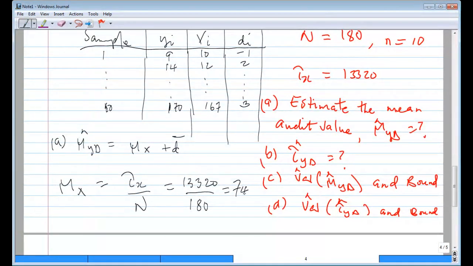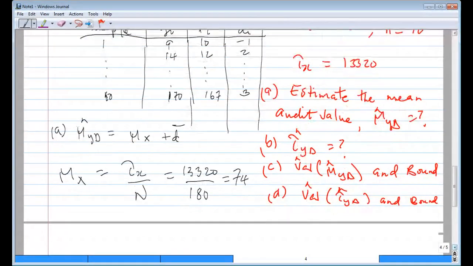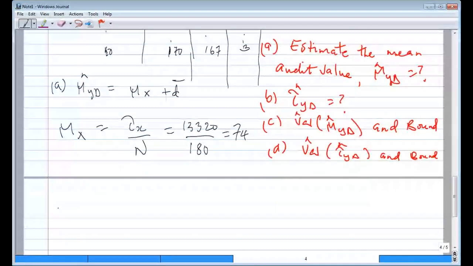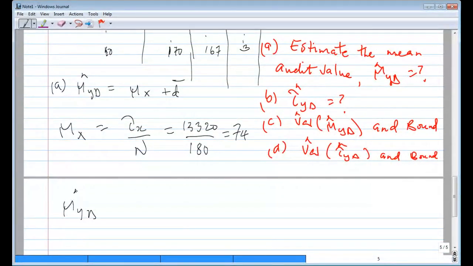Now you have to find the estimated population mean, which is mu yd estimate, equal to mu x plus d bar. And mu x, we have already calculated as 74 plus d bar. Tell me the d bar now. It's 0.4, because it's y bar minus x bar.